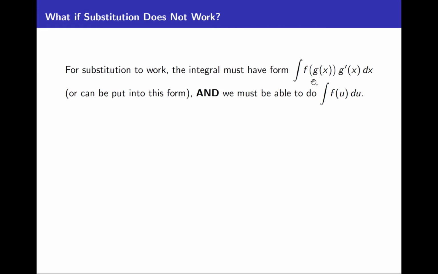So first of all, it has to have this form. But secondly, once you've made the substitution, you need to be able to find the integral of f of u du. And if either one of those is not the case, substitution is not going to work.